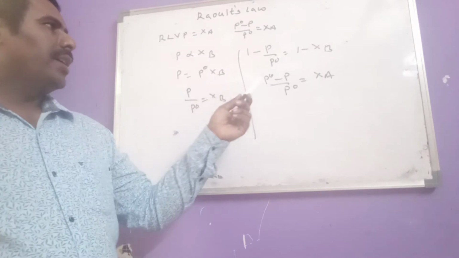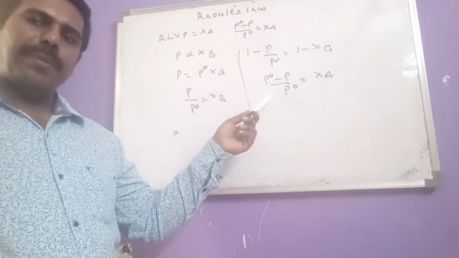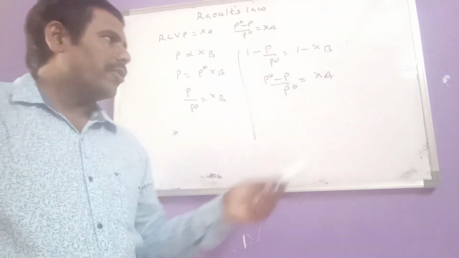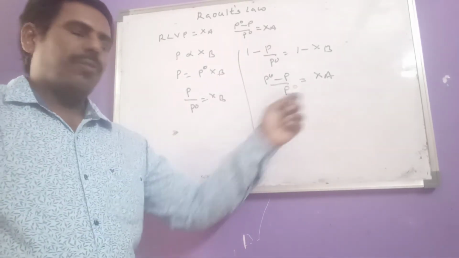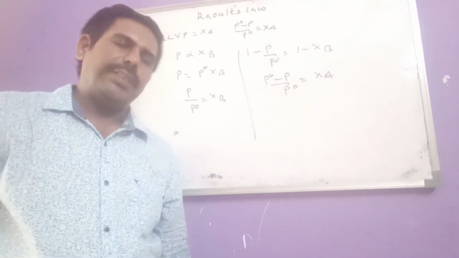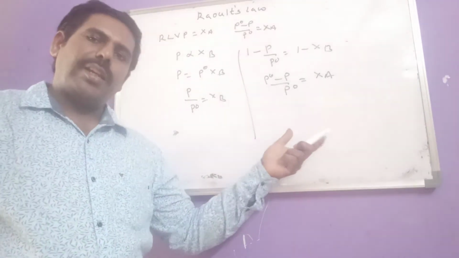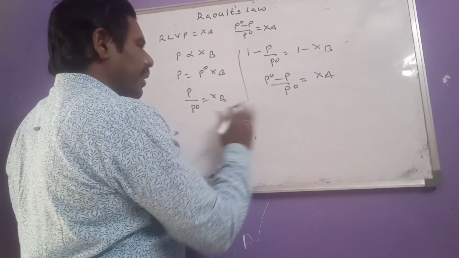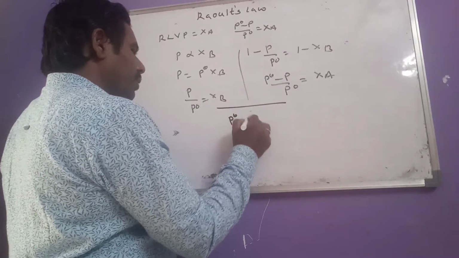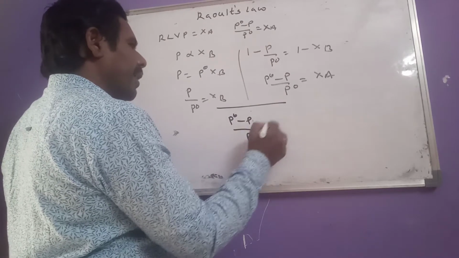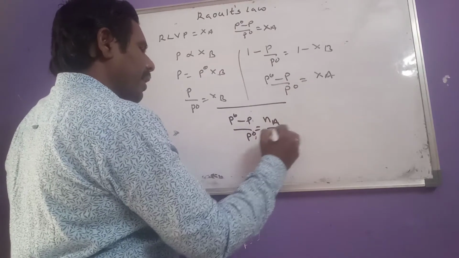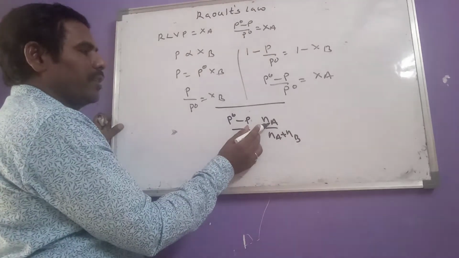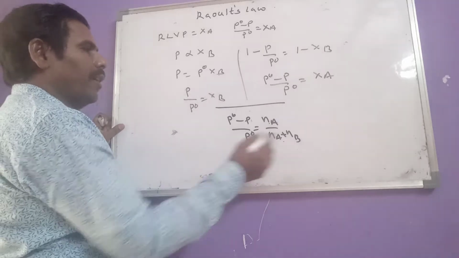So like that, relative lowering of vapor pressure of a dilute solution having non-volatile solute is equal to the mole fraction of the solute. And what is the full expression of this Raoult's law? XA, we know, can be written as Na by (Na plus Nb), that means number of moles of A by total number of moles.